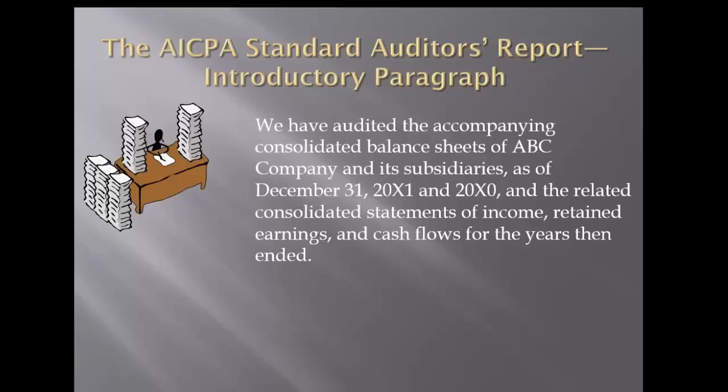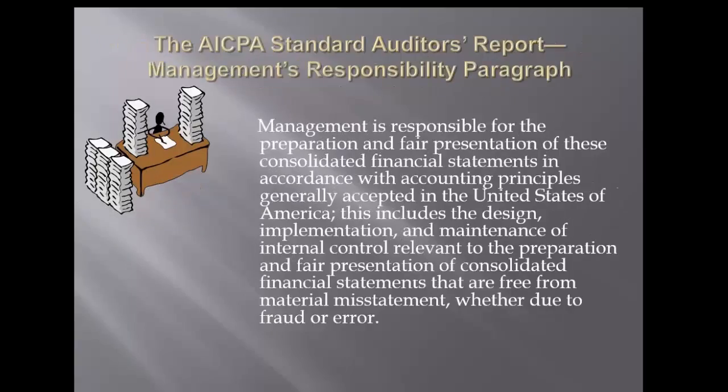So the standards, and what we're looking at here are the AICPA standards. The AICPA standards are different as compared to the PCAOB standards. In this case, the AICPA standards start with that we've audited the financial statements and the related consolidated statements of income, retained earnings, cash flow for the periods then ended.